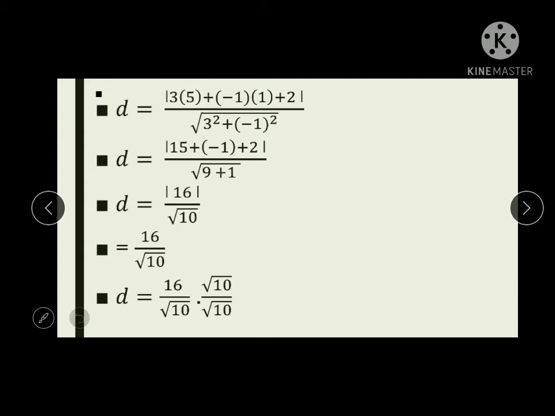The answer is 16 over square root of 10.